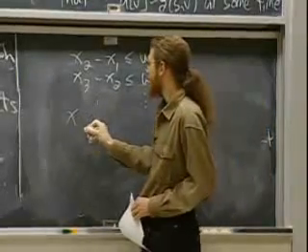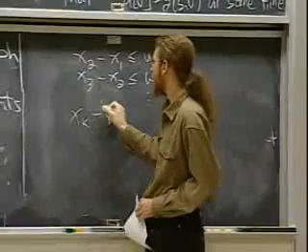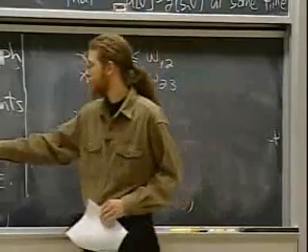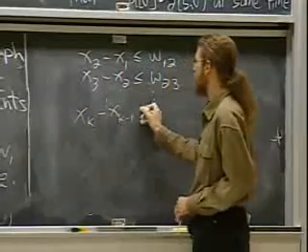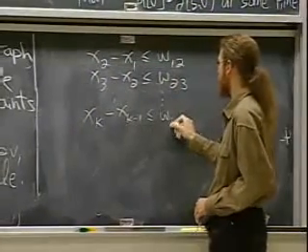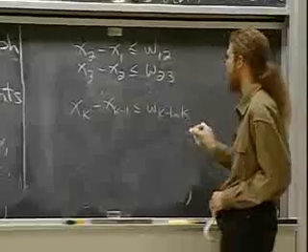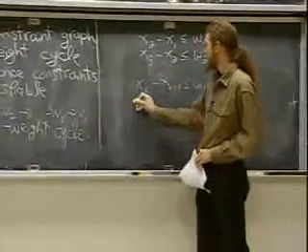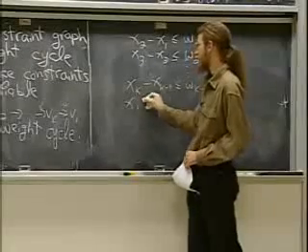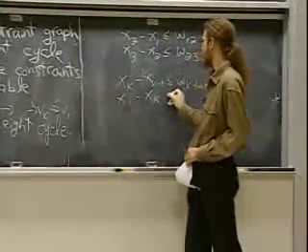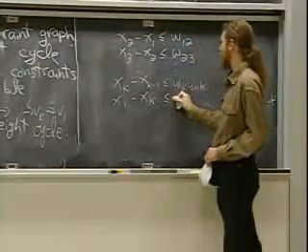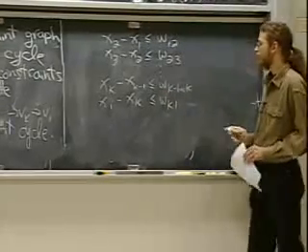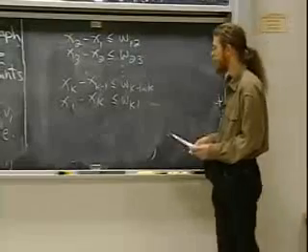And eventually we get up to something like xk minus xk minus 1, at most Wk minus 1,k. And lastly, we have this edge, which wraps around. So it's x1 minus xk, at most Wk1. Got the signs right? Good.